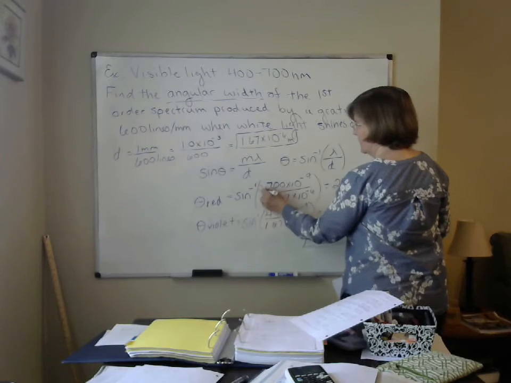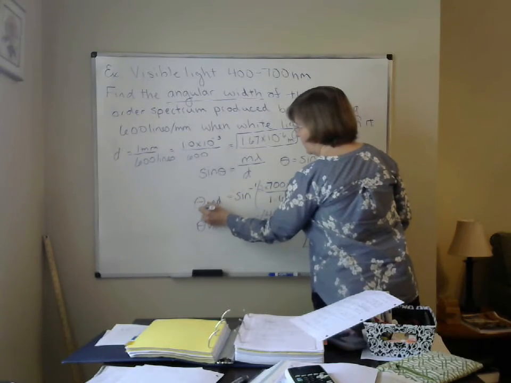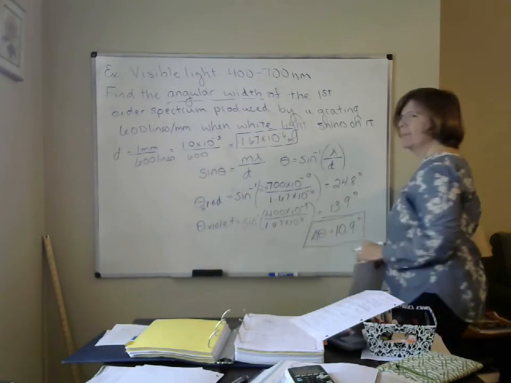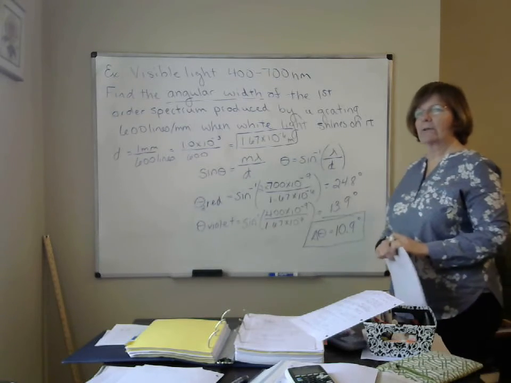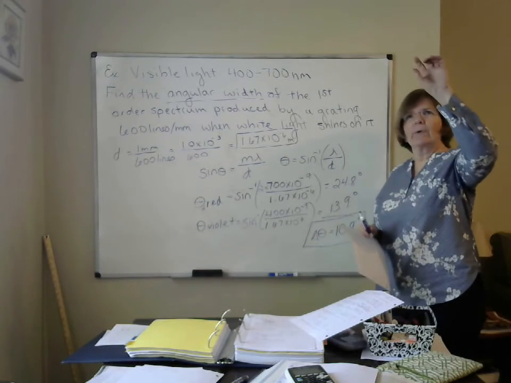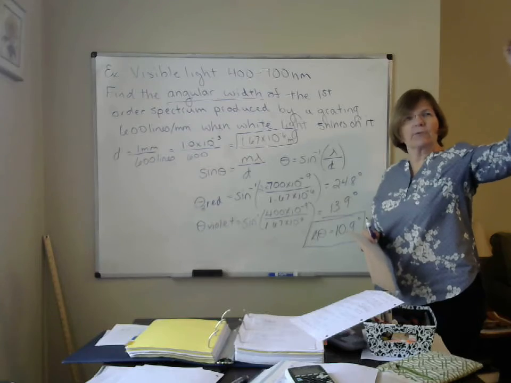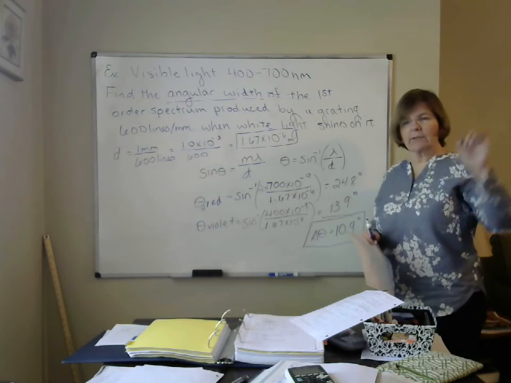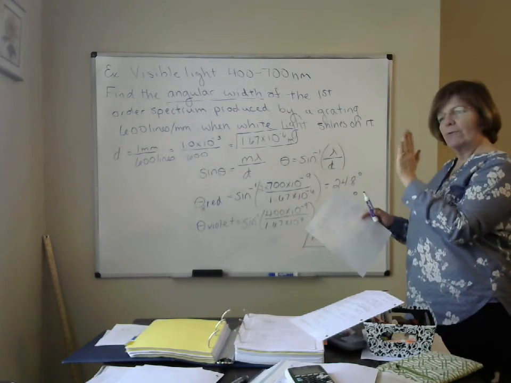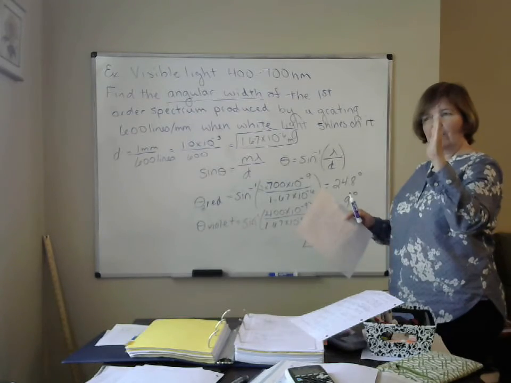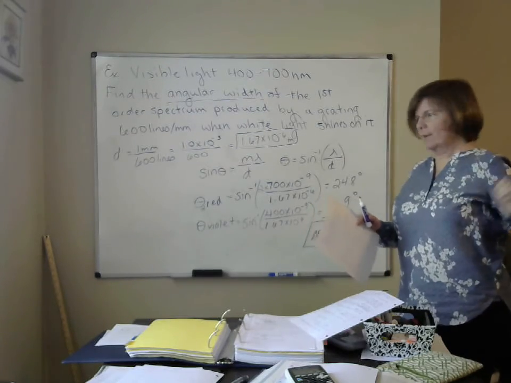2 times 700, so this is the second order, because what happens when you look through a diffraction grating is you'll see a rainbow, and then you'll see a second rainbow, and then you'll see a third rainbow as you're looking through those glasses. That first one from the central, that's the first order spectrum, then the second order, then the third order.